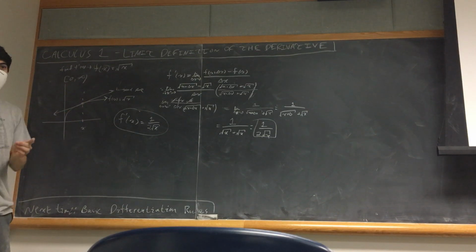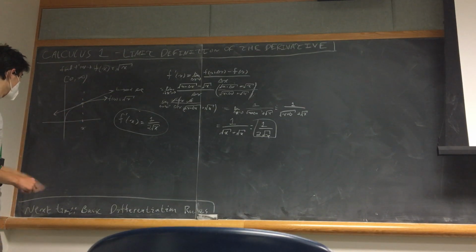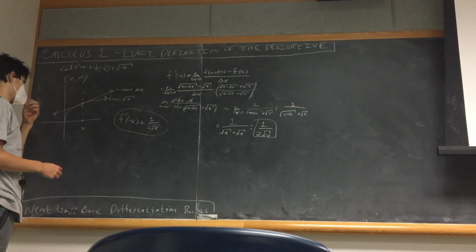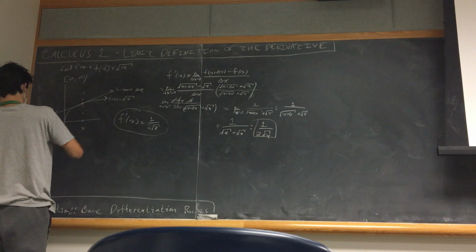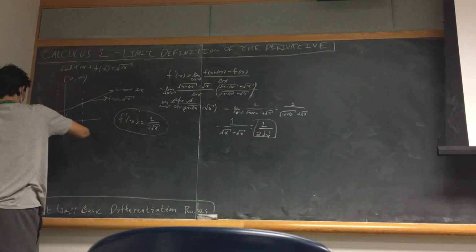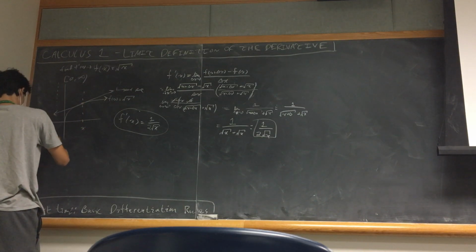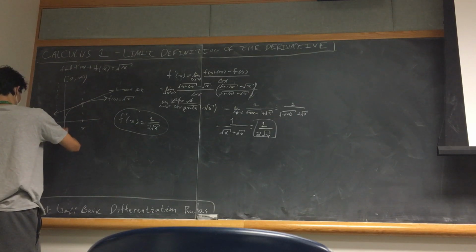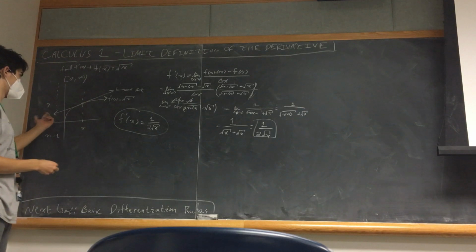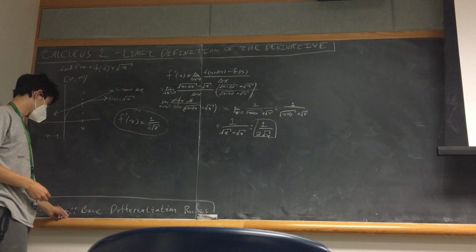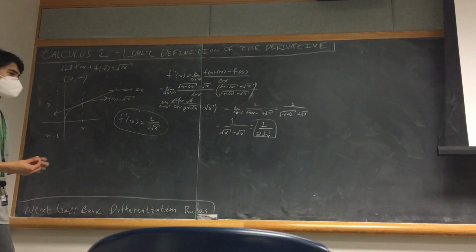If we want to find its slope at x equals -1, the function f of x doesn't exist in the real world at x equals -1. So what's the slope here? It doesn't exist. Since the function itself doesn't exist, the slope of the function doesn't exist.